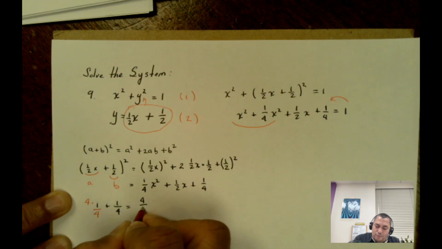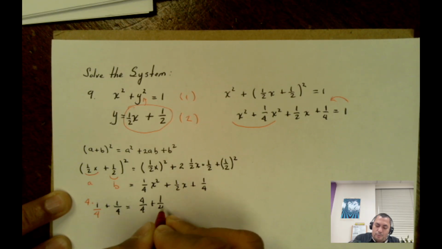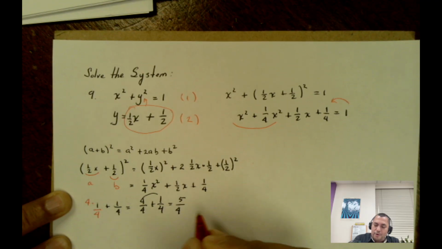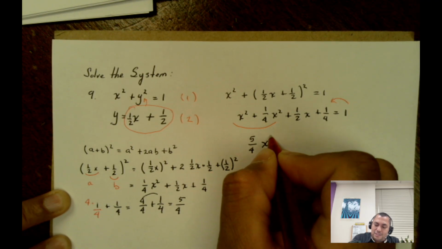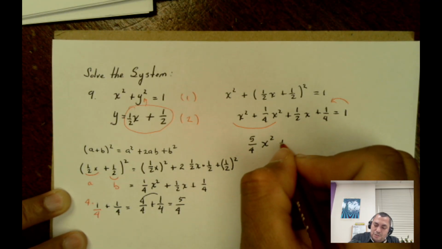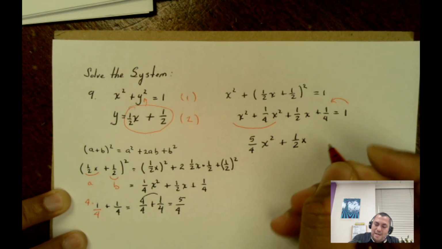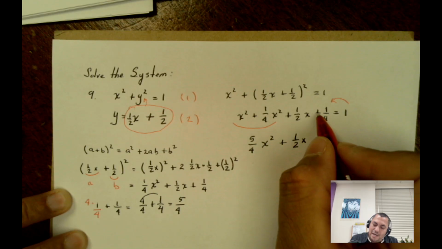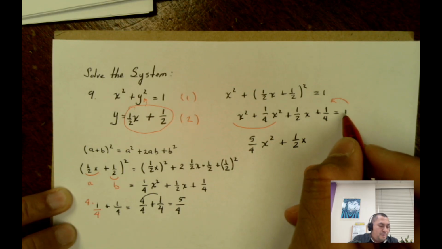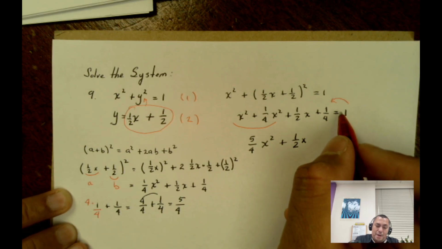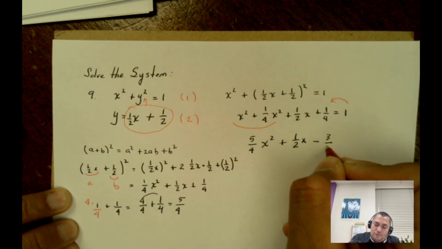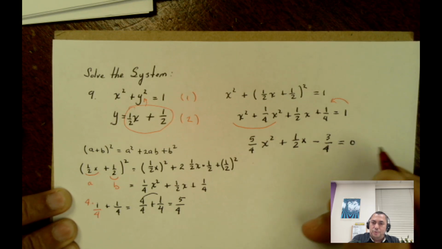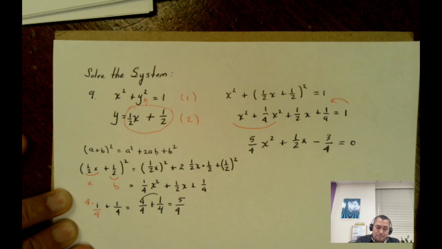So I have 4/4 plus 1/4 equals 4 plus 1, 5/4. So I have 5/4 x squared plus 1/2 x, and then I have 1/4 minus 1, and this one is going to be negative 3/4, equals 0.